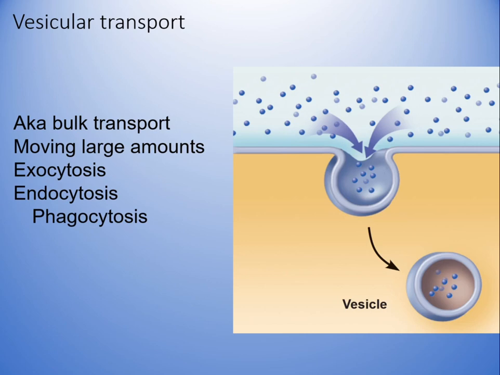That's called cell eating. And then there's pinocytosis, which is cell drinking. Interesting. So if you watch the non-protein organelles PowerPoint, it talks about some things in the cell, lysosomes and peroxisomes, that do phagocytosis and pinocytosis.